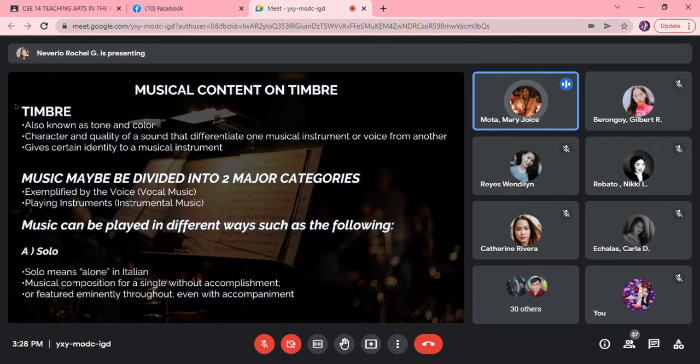So what is accompaniment? It is a musical part which provides rhythmic or harmonic support for the melody. The best example here is the piano. Sa piano, makikita nyo naman yun, kahit hindi tayo maalam sa music, nakakakita tayo ng mga music notes.